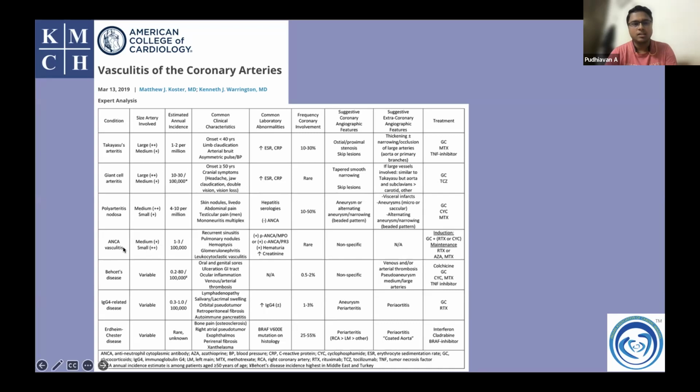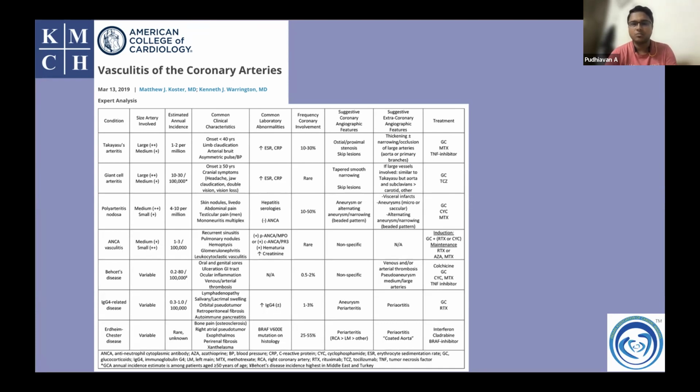ANCA vasculitis, again, the patient will be ANCA positive, and they can have other involvement, more commonly renal, glomerulonephritis is more common in ANCA vasculitis. IgG4 disease again is another rare disease which we often encounter, which can involve any organ. IgG4 disease is not limited to any one particular organ.